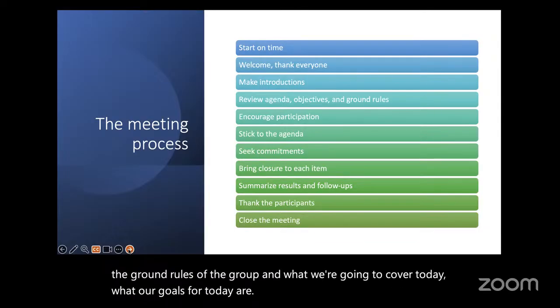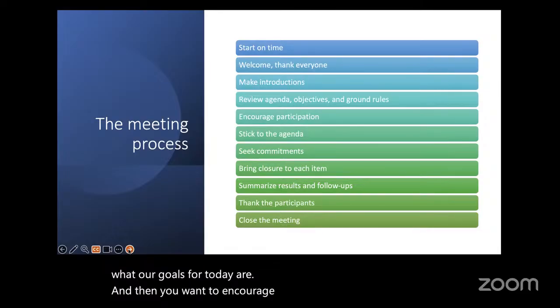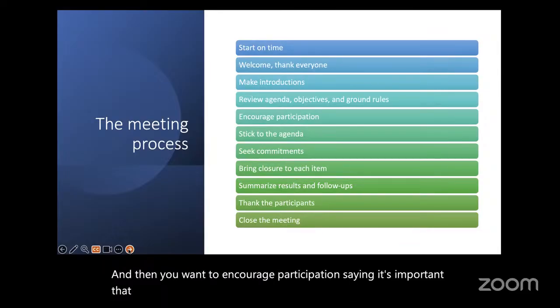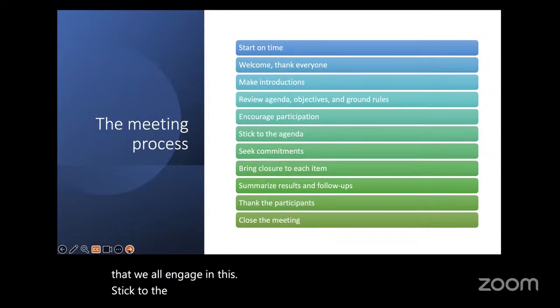And then you want to encourage participation, saying, it's important that we all engage in this. Stick to the agenda and seek commitments. Make sure you bring closure to each item.